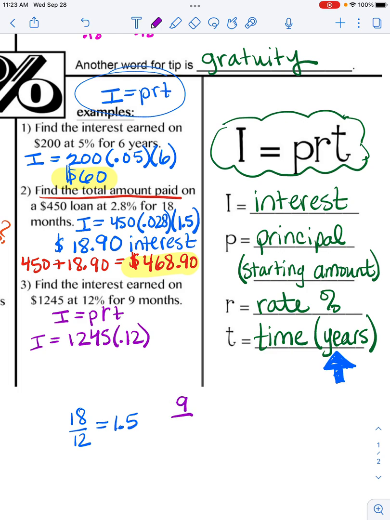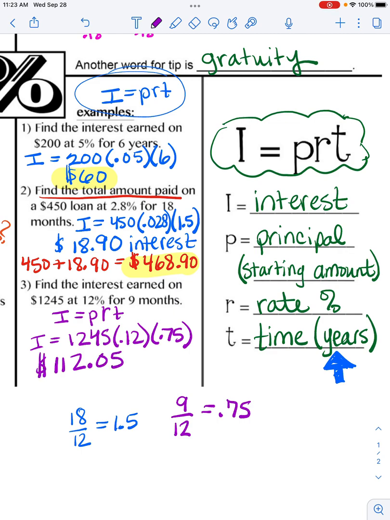Remember, if we're not sure, we can use our calculator and divide the months by 12. It's 3/4 of a year, or 0.75. Whoops, 0.75. And then here's how I'm showing my work, just by writing out what I'm putting into my calculator. And it is $112.05. That's the interest earned.